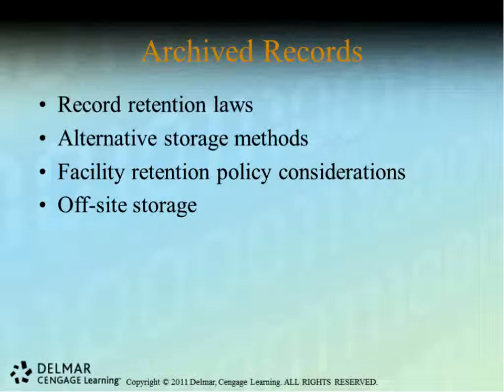You also have what we call shadow records, where they are just copies of your original record that they maintain somewhere else, whether in an electronic format or paper format. There should be policy on how that needs to be done.